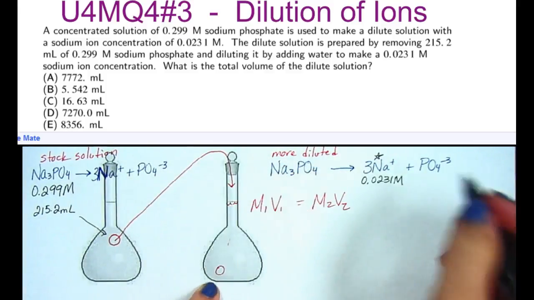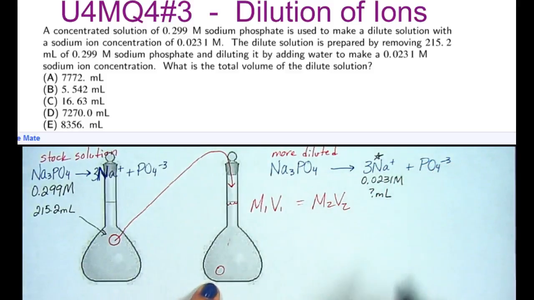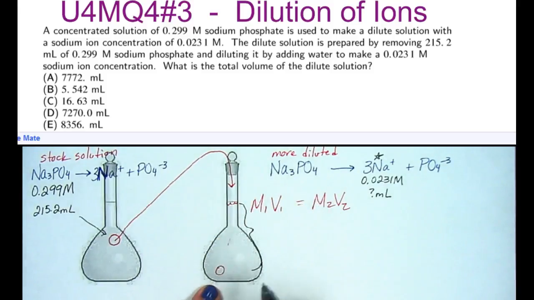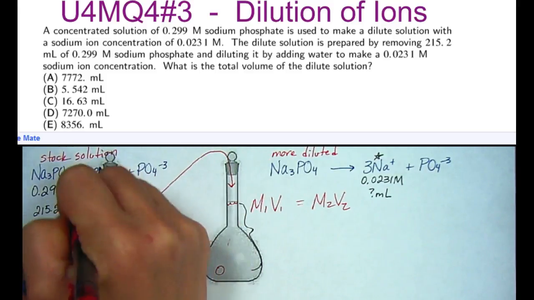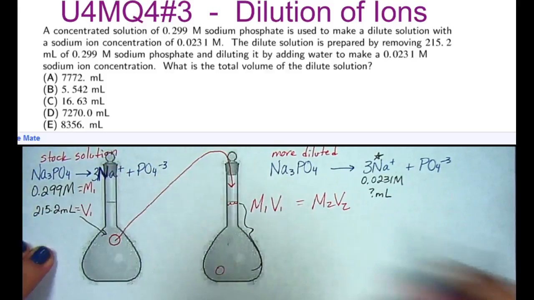And so the question is, what is the total volume, and we'll go with in milliliters, of this solution once it's been created? So my M1 is here and my V1 is here.